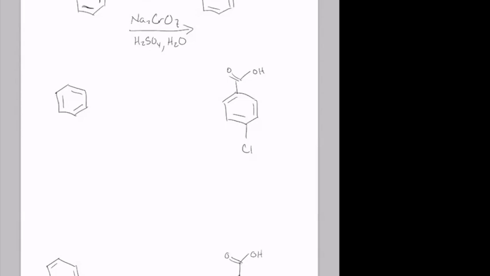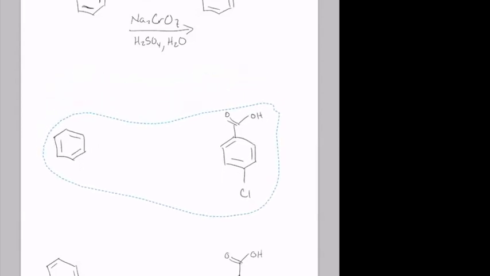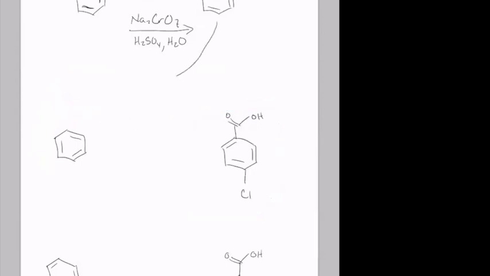Okay, and we haven't learned this explicitly, we will next chapter, but if I wanted to go the other direction from a carboxylic acid to toluene, or fully reduce it, what is one of the reagents that we've learned about that you think we might be able to use?